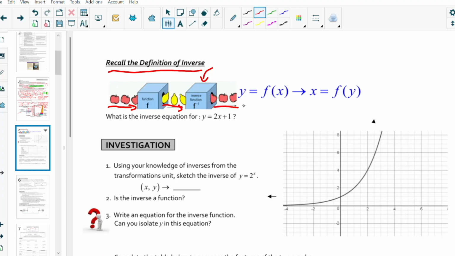Well, I get apples in return. This is like a funny pictorial way to understand what an inverse is. Another way to think about inverse is, I put on my socks and then I put on my shoes. What's the inverse of that? Well, the inverse of that is I take off my shoes and I take off my socks. You're back to where you started, but you're doing the reverse of what you just did.